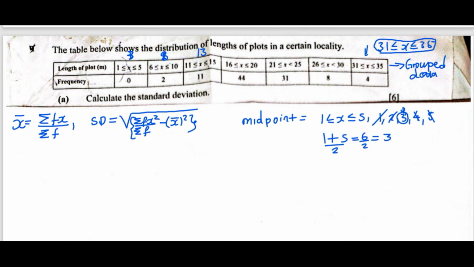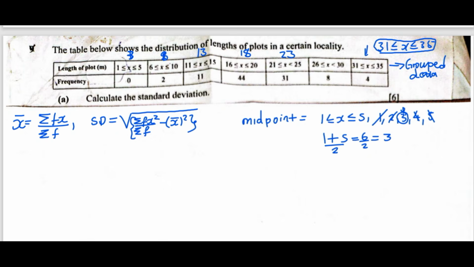Then for 16 plus 20, 36 divided by 2. So our midpoint here is 18. 21 plus 25 is 46 divided by 2. So here is 23.